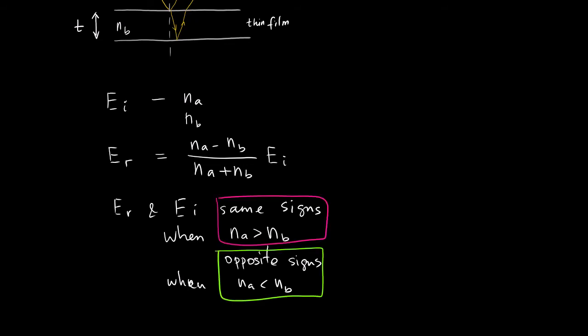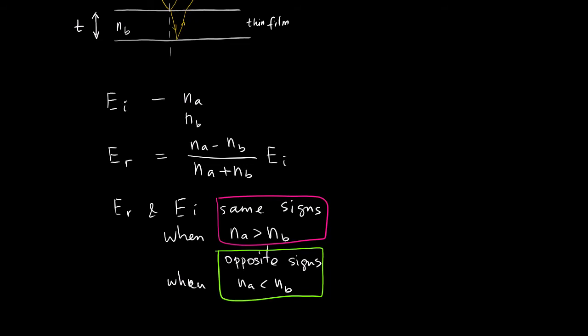Because amplitudes must always be positive or zero, a negative value means that the wave actually undergoes a half cycle, which is a 180 degrees phase shift.